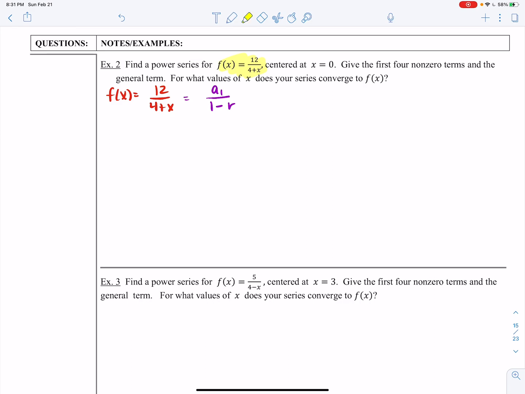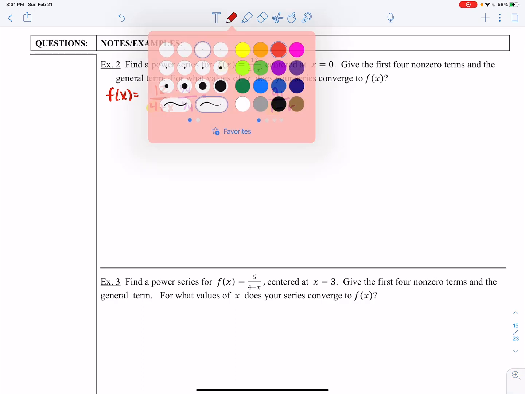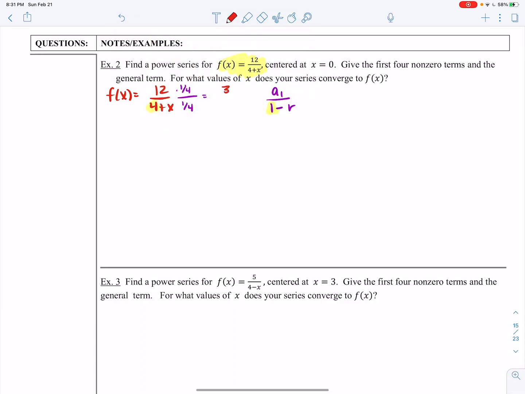Problem is that this is a 4 right here and not a 1. So how can we do a little bit of manipulation? What if I multiply both the top and the bottom by 1/4 over 1/4? If I do that, what that's going to give me is 3, let's distribute in, over 1 plus x over 4.